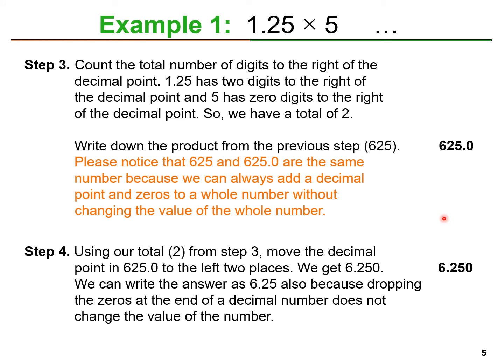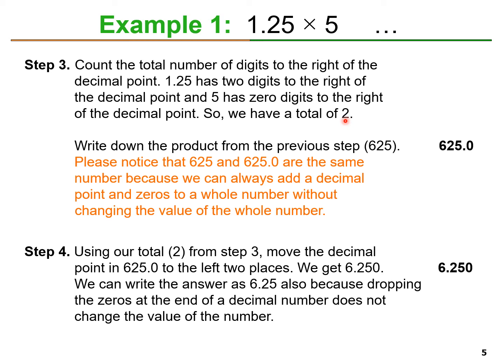Step 4, using our total from step 3. In step 3, we found that we had a total of 2 digits to the right of the decimal point.